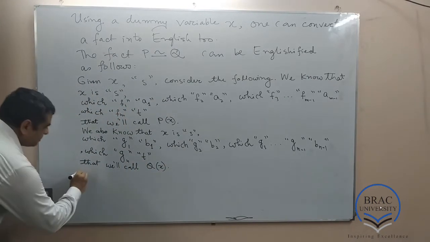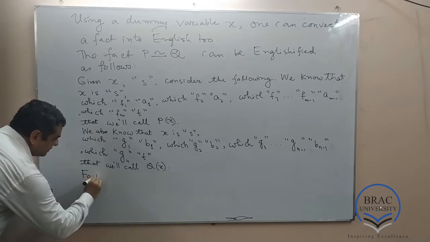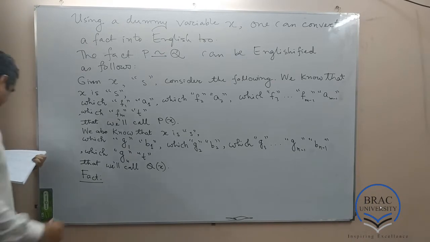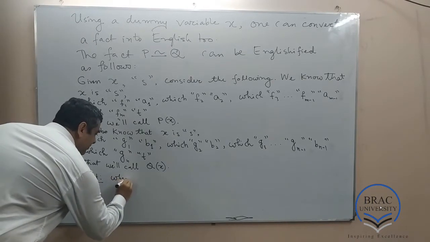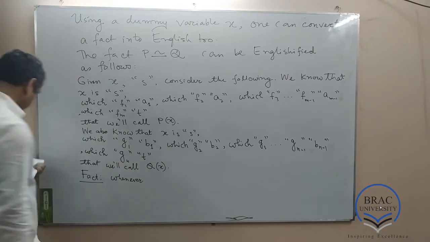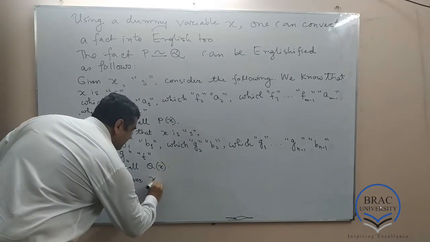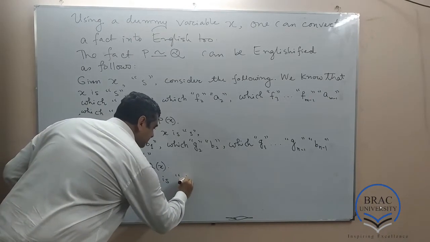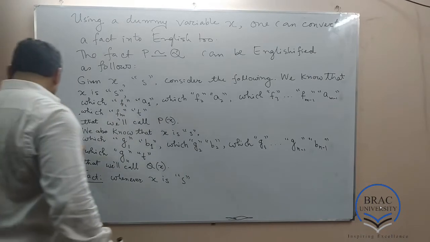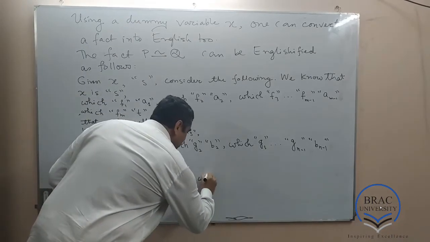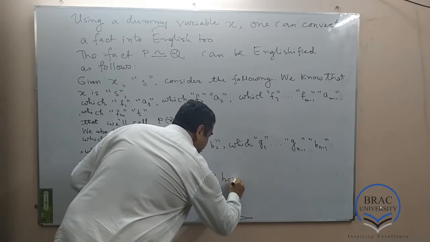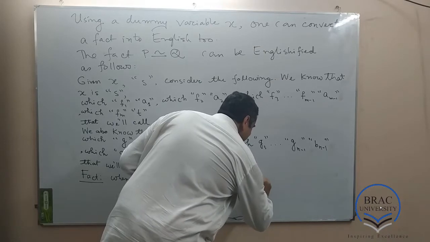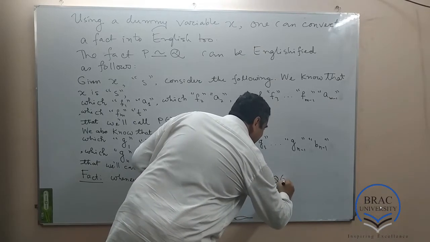Then we write fact with an underline and say that whenever X is S, we will have Px is equal to Qx.